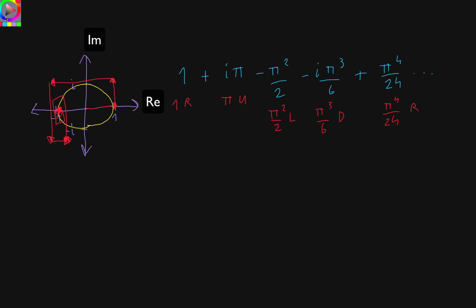So yeah, from this, again, we can take that e to the i pi is equal to -1, which then means that e to the i pi plus 1 is equal to 0.